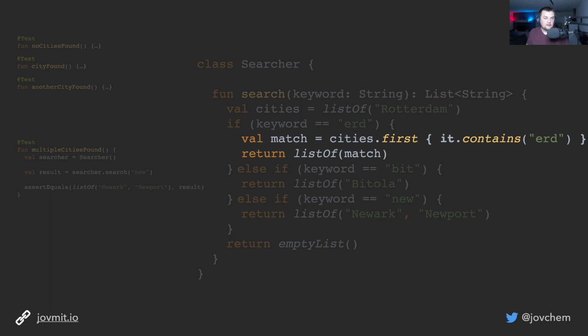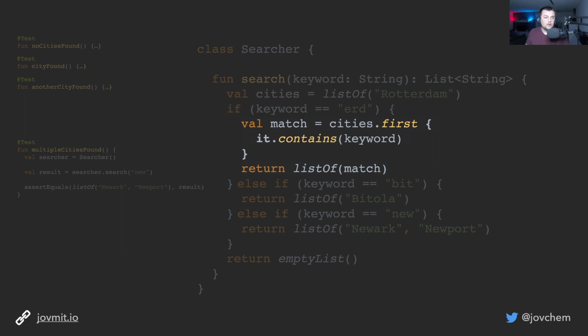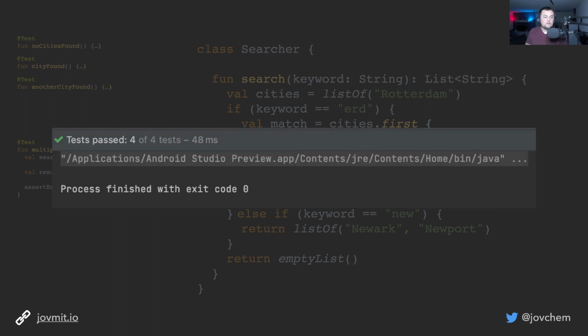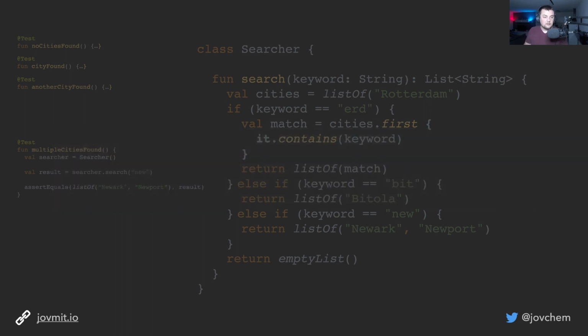But basically, this ERD is equal to the keyword. So if we just replace ERD with the keyword, we're going to remove all the hard-coded data inside this if. So that's one step forward. That's a good step. And of course, we make sure we didn't break anything, and we didn't.